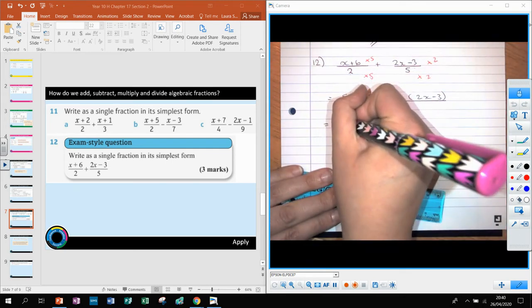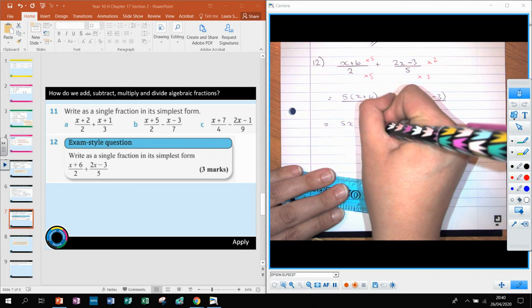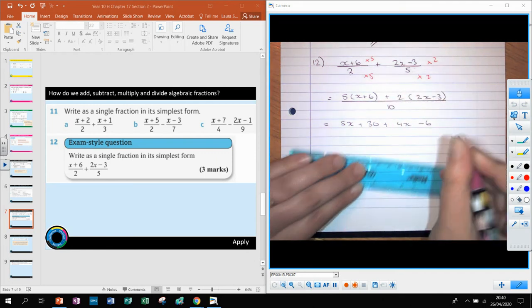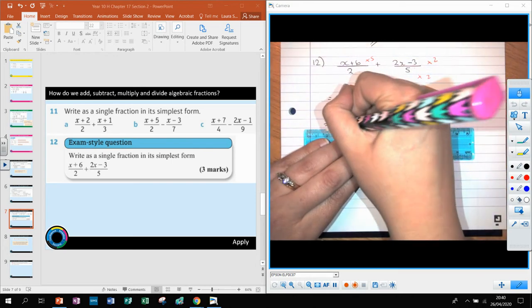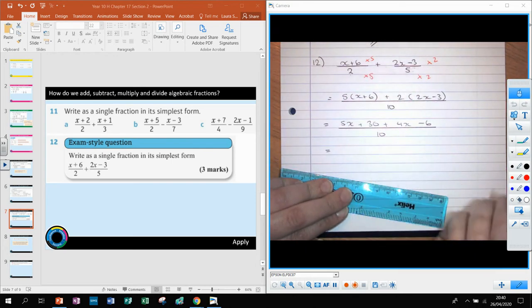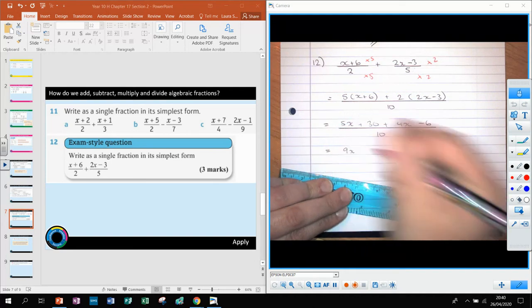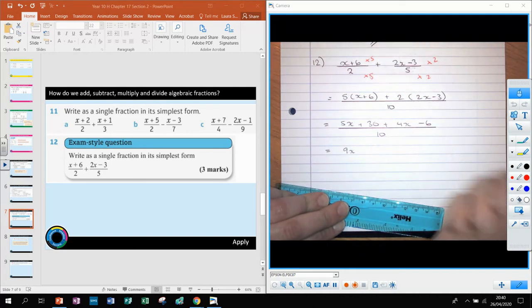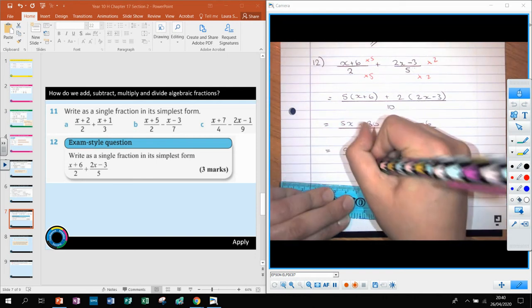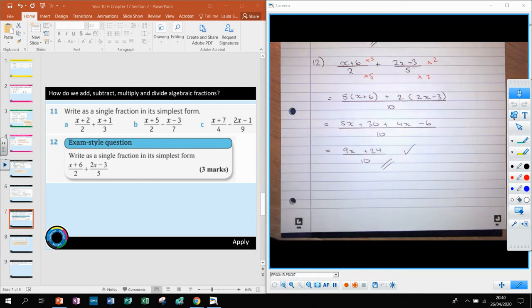Okay, we expand, we get 5x plus 30 plus 4x minus 6 all over 10. And our final answer, 5x plus 4x is 9x, and 30 minus 6 is 24, and that is, as we know, over 10. Okay, so really proud of you guys for getting that.